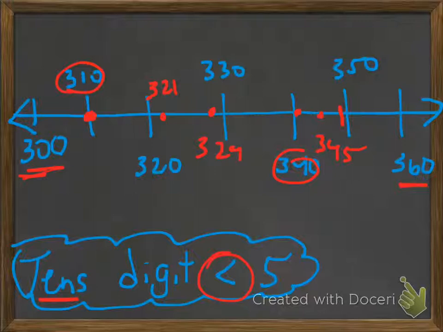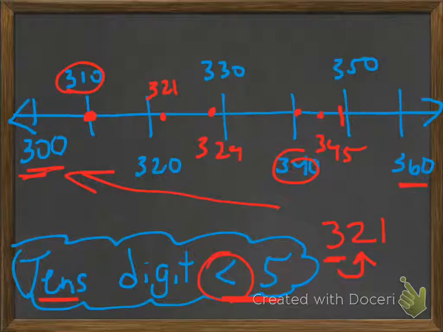Well, if I were to take one of these, let's take 321, and we want to round to the hundred spot, which is the 3, but we have to look at the tens place to help us figure out if we round up or round down. And in this case, we're trying to round down to 300, and since it is a 2, again, the tens digit's less than 5, then we can round down to 300.